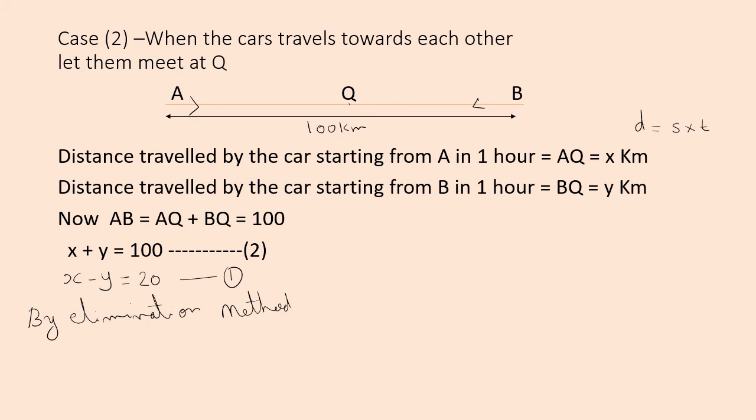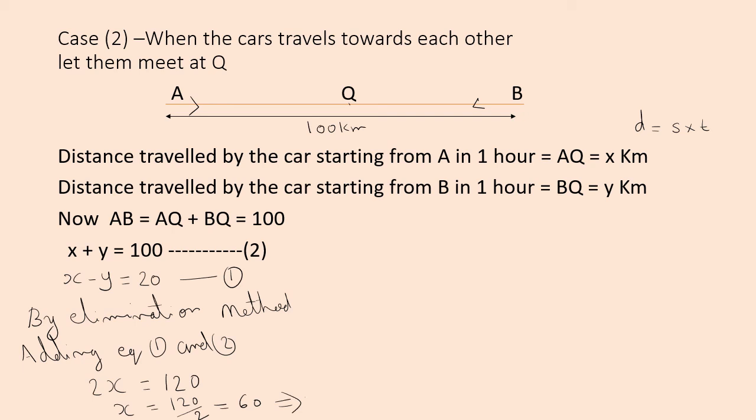Adding equations 1 and 2: x plus x is 2x, y plus minus y is 0, equals 120. So x equals 120 upon 2, that is 60. So we get x equals 60.